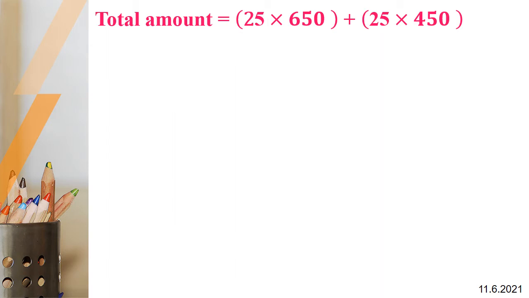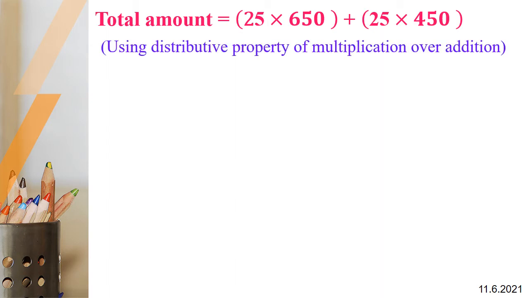Let's use the distributive property of multiplication over addition. That is a × b + a × c = a × (b + c). Here a value is 25, b value is 650 and c value is 450.